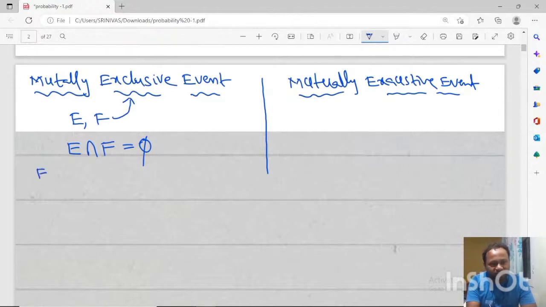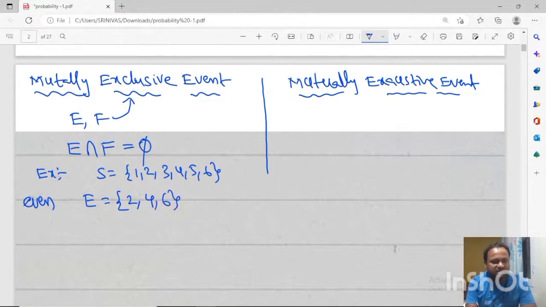Example, I will take one example. Suppose S is equal to 1, 2, 3, 4, 5, 6. So, this is the sample space. In this, I will take two events. First one is even numbers. Even numbers means what we will have? 2, 4, 6.